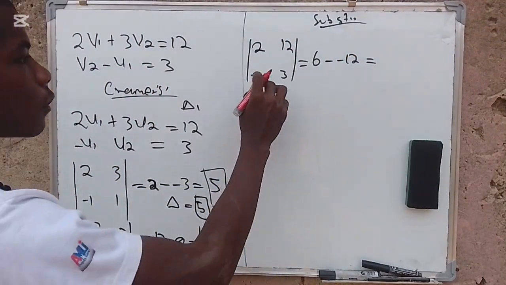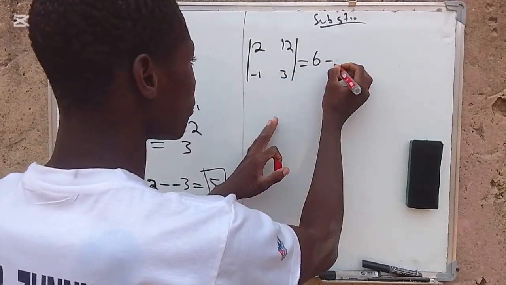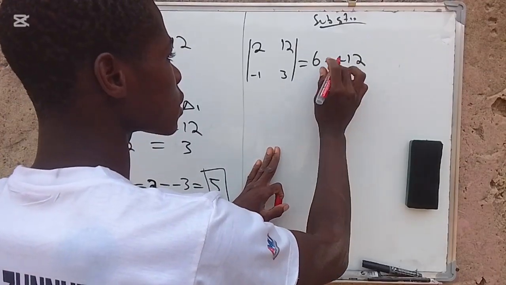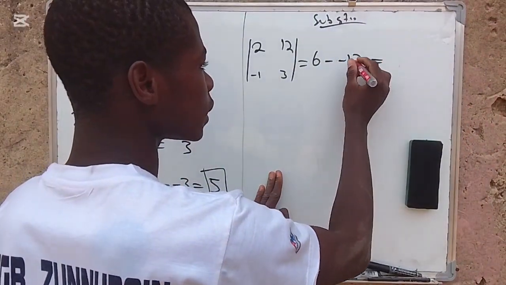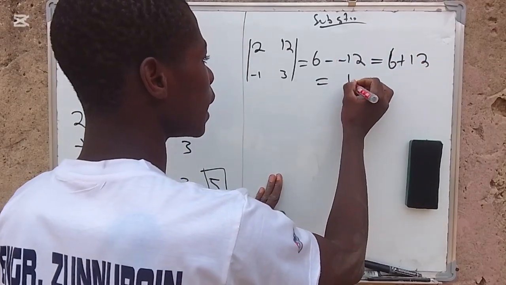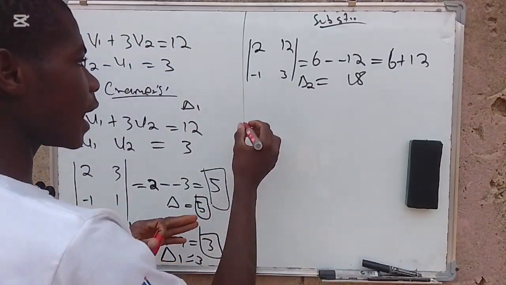So 6 minus 12 becomes 6 plus 12, which gives me 18. So delta 2 is 18.